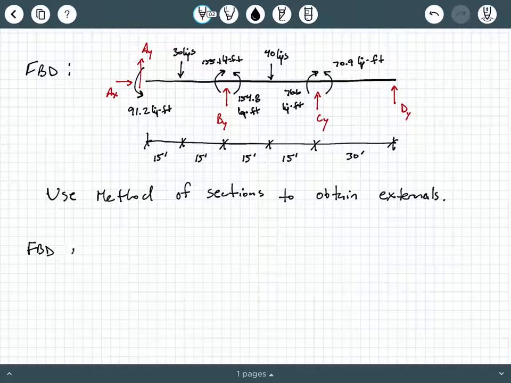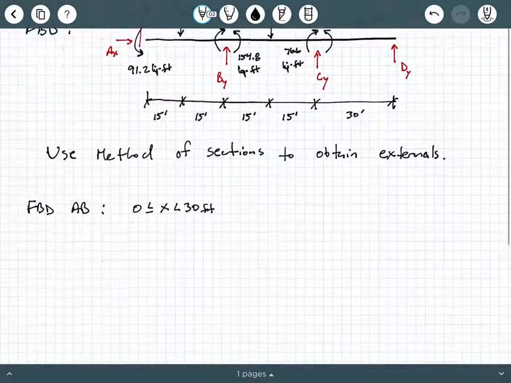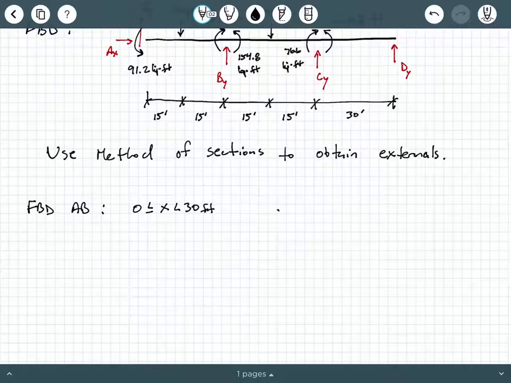So we're going to use a free body diagram, FBD, of AB, and we're going from X between 0 and 30 feet, infinitesimally to the left. That's the domain that we're on, okay? Let me just draw that a little bit better. Infinitesimally to the left of 30 feet, so not including the 30 feet.